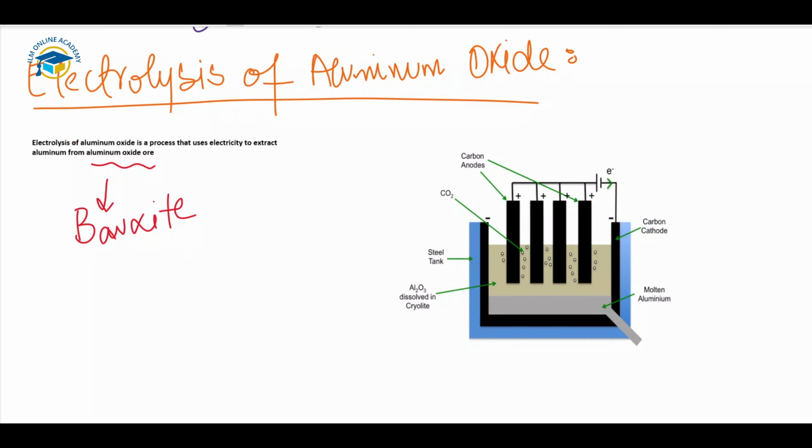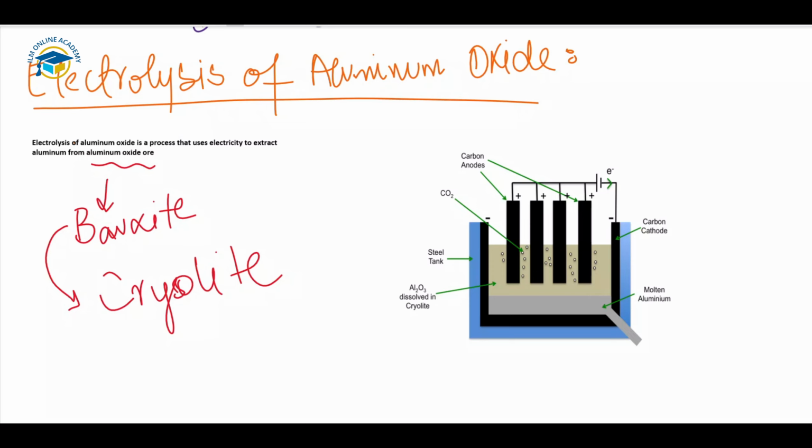The first step is to purify the bauxite to get aluminum oxide, and the second step is to dissolve this aluminum oxide in molten cryolite. First we have the aluminum oxide, and that is dissolved in the cryolite just to reduce the melting point of aluminum oxide.